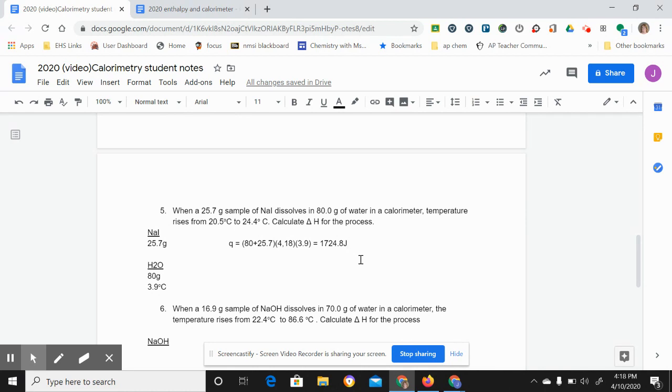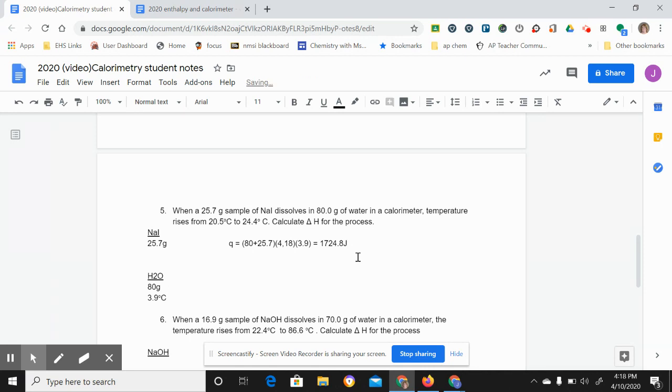So we need to change that to kilojoules. So that would be 1.724 kilojoules, right? And we need to find out how many moles that is. So we now need to find our moles of sodium iodide.